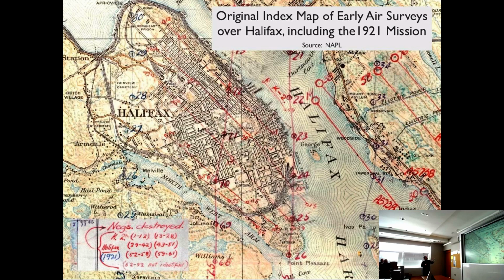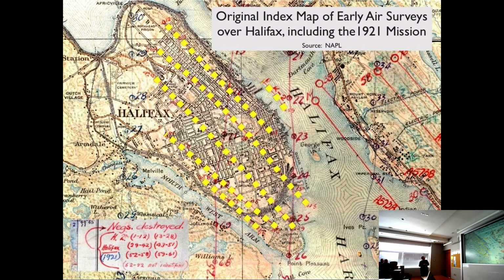I found this index map of the early air surveys over Halifax, and the air photo mission of 21 is only very faintly covered here, and the yellow markers indicate the location of the photos. It didn't really take long to capture that.